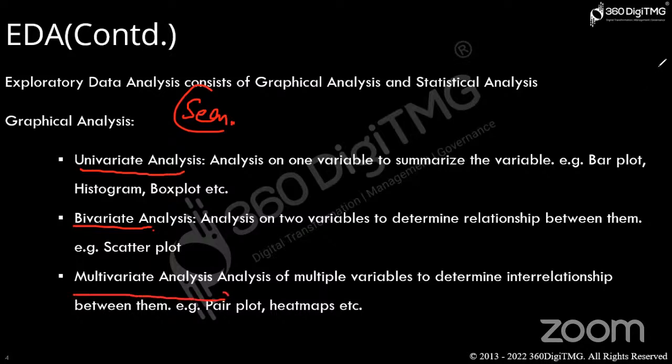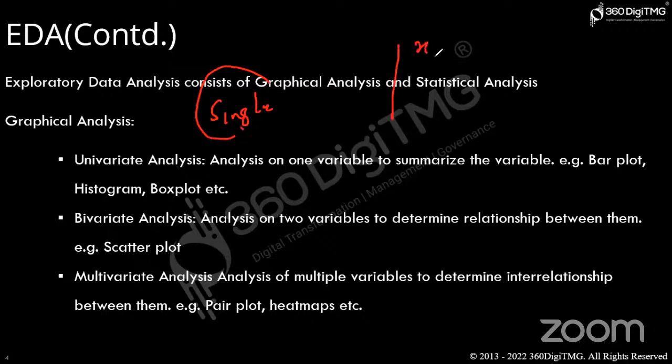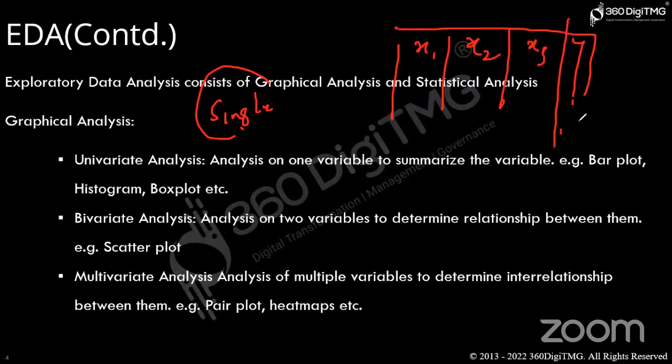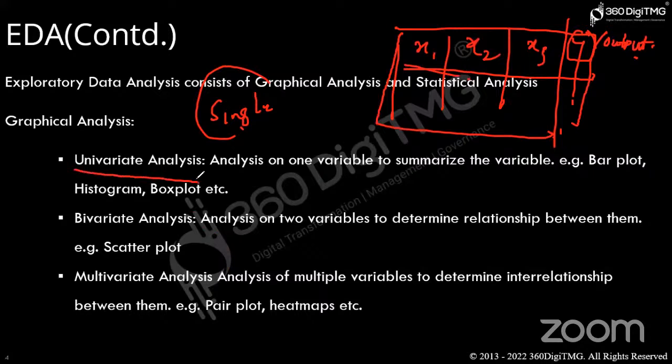What are these? Say the features are x1, x2, x3, and this is the label, or you can say the outcome or output. If you want to visualize just one feature, you can go for univariate analysis.